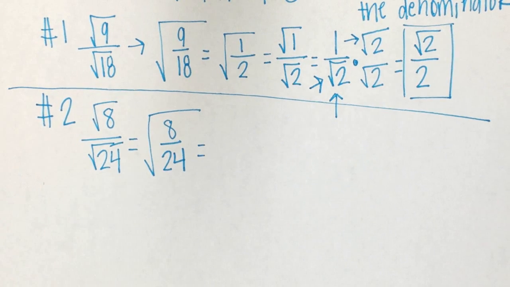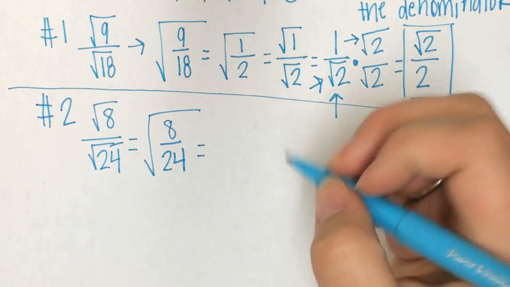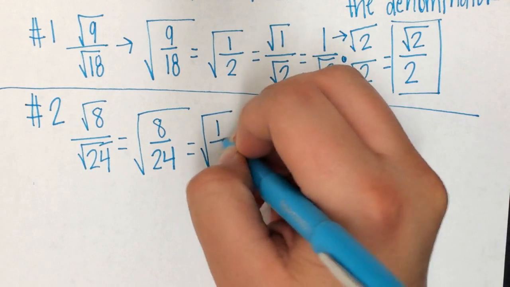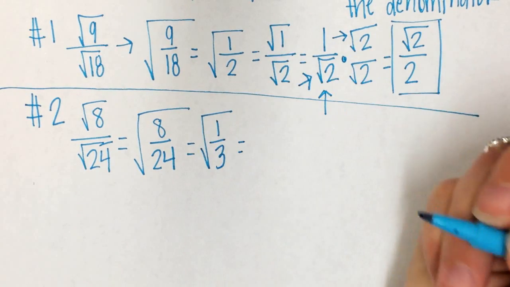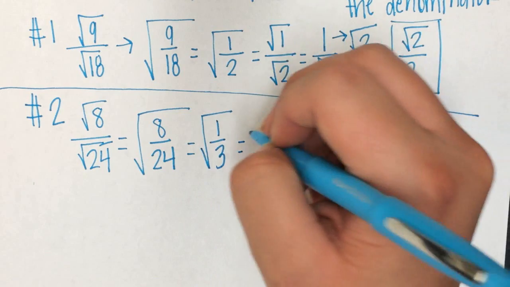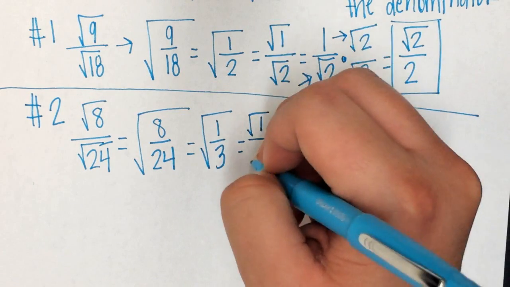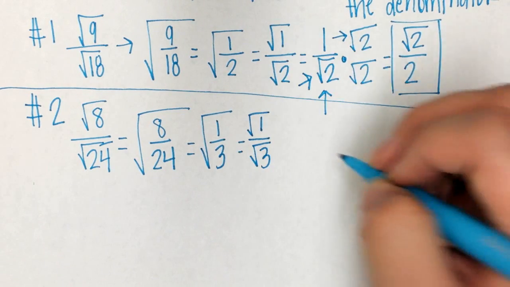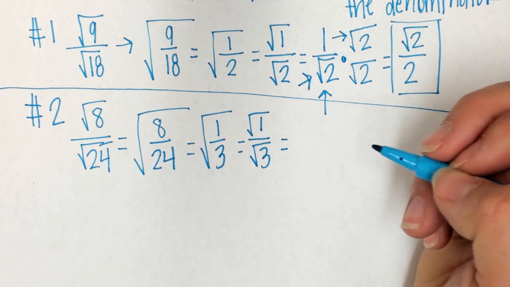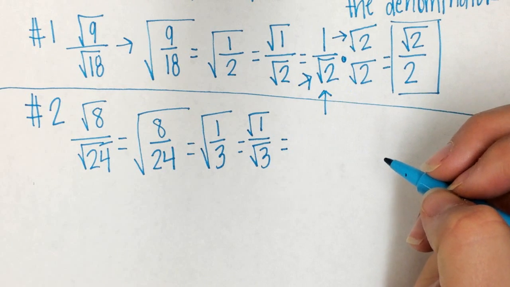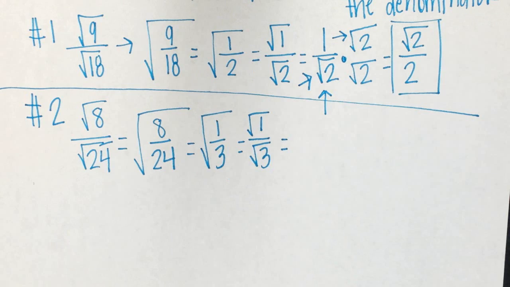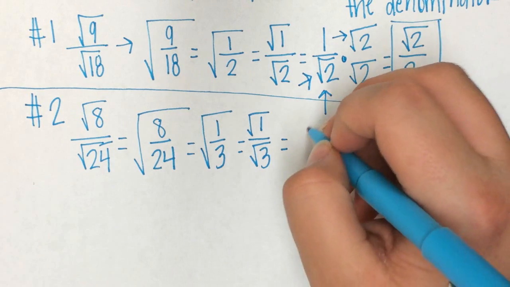Not 3. 1 over 3. So now it becomes 1 over 3. But let's break it back down. Square root of 1 over the square root of 3. The square root of 1 is what? 1. Square root of 1 is 1.